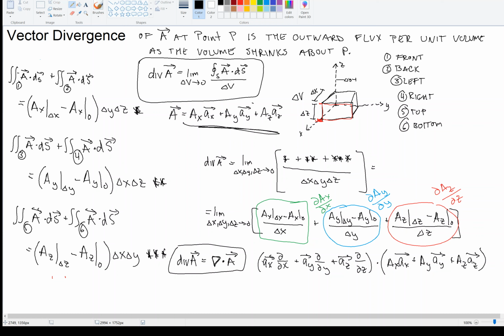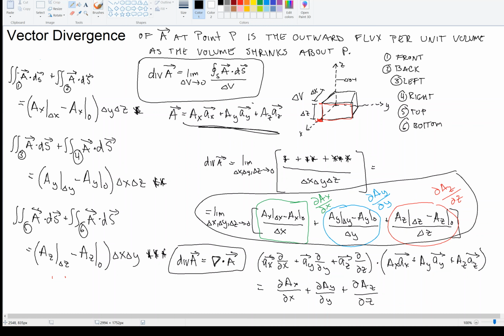When you carry out that dot product, you get the partial of Ax with respect to x plus the partial of Ay with respect to y plus the partial of Az with respect to z. That is, you get exactly this thing, the divergence. Amazing!